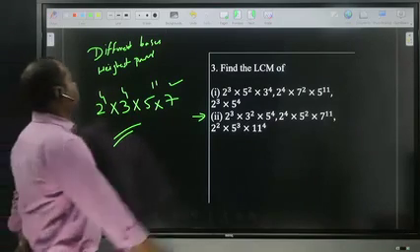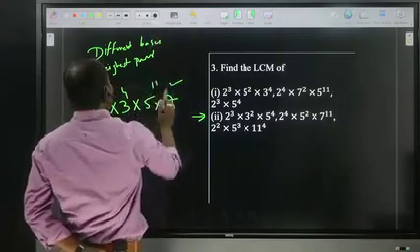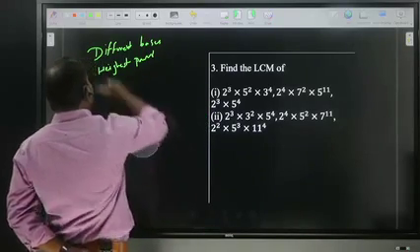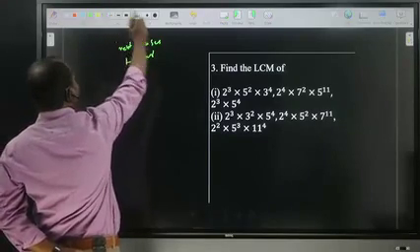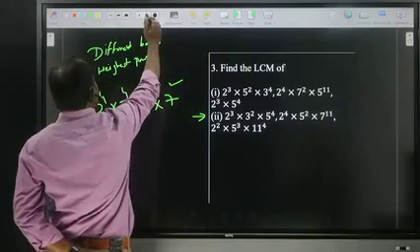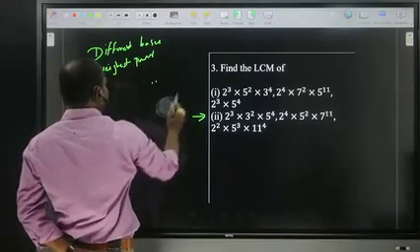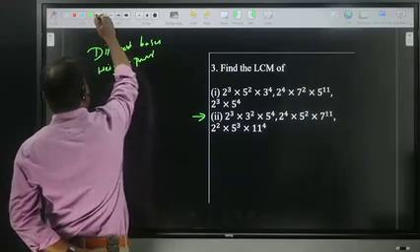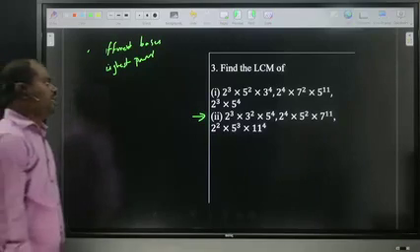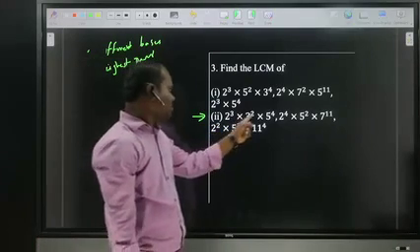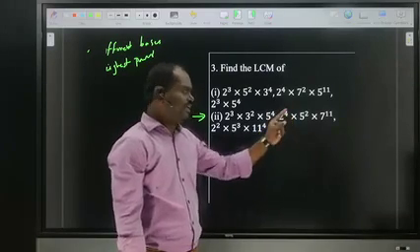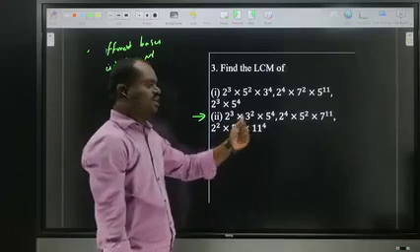Shall we see now? Observe: 2 cube into 3 square into 5 power 4, comma, 2 power 4 into 5 square into 7 power 11, comma, 2 square into 5 cube into 11 power 4.